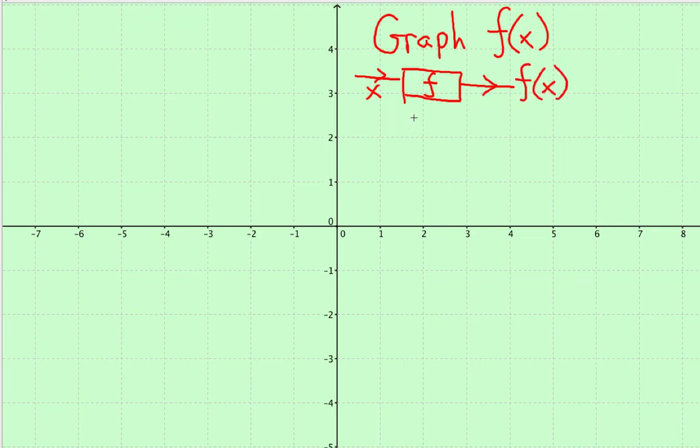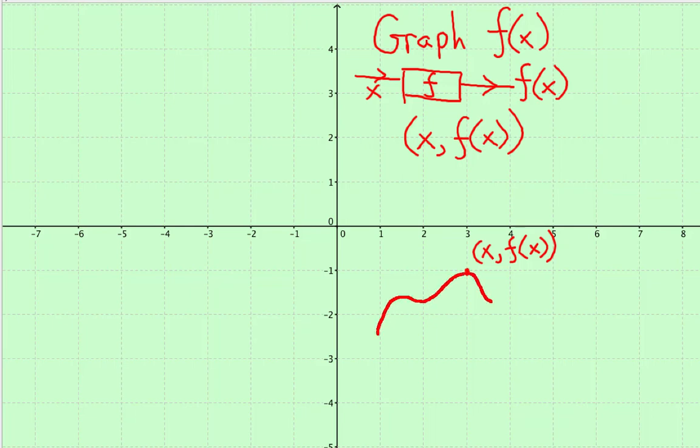So if I was to take this pair x and f of x, these would be the coordinates of a point P. So let's say this over here is the point P, and its coordinates are x and f of x. All right, now I can take a whole bunch of these points, and this might be just one of them. And so in general, the function f of x could look something like this.